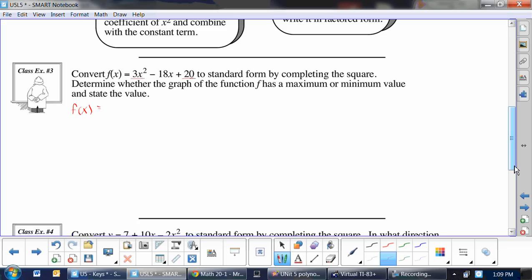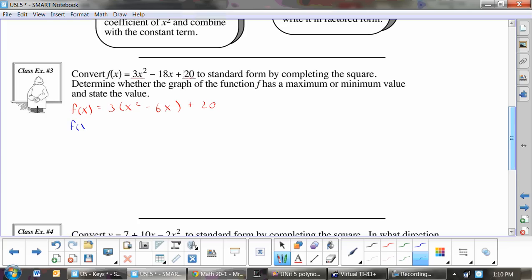So all we're going to do is take the GCF of the first two terms and just of the coefficients. Not bending the rules. So the coefficient is the number in front of the x. Okay? So it looks like this then, right? And then from here, we basically do the same thing.